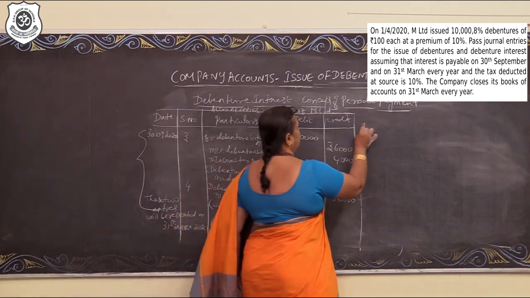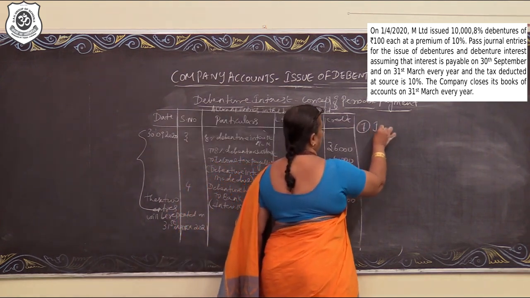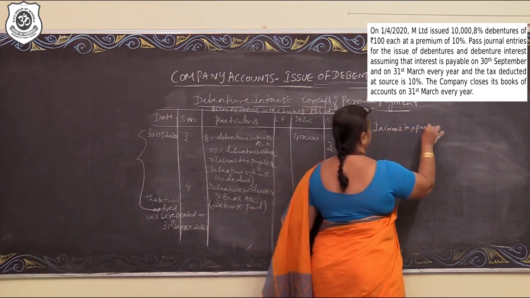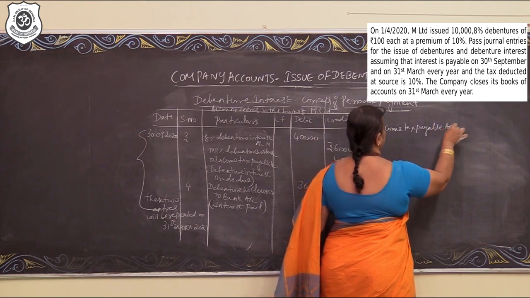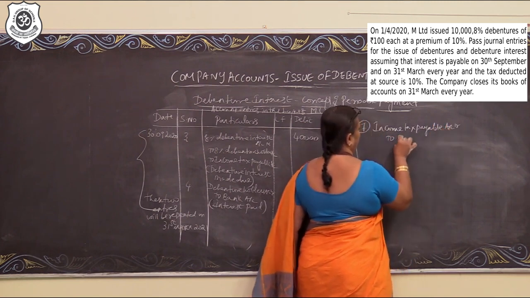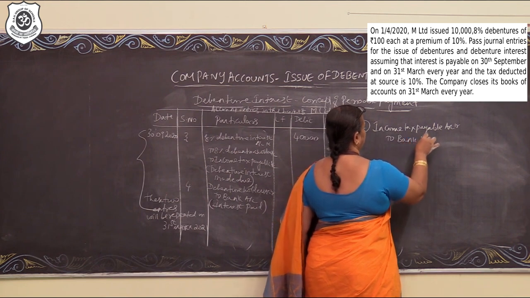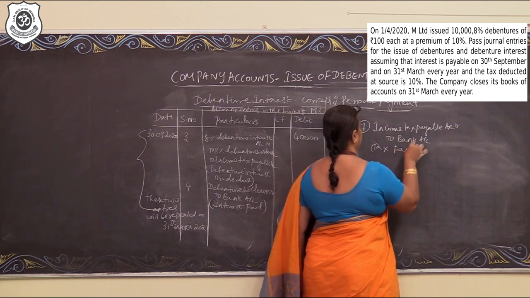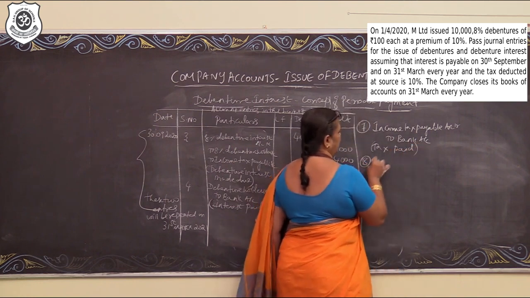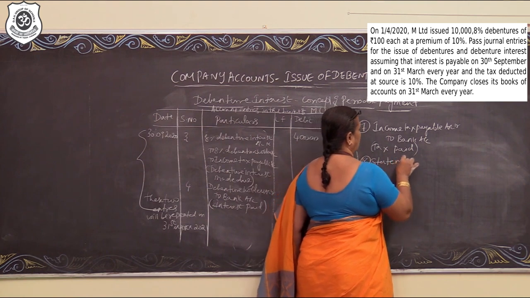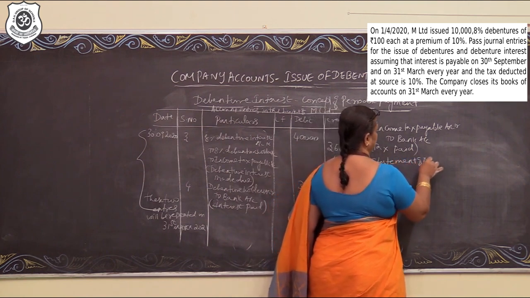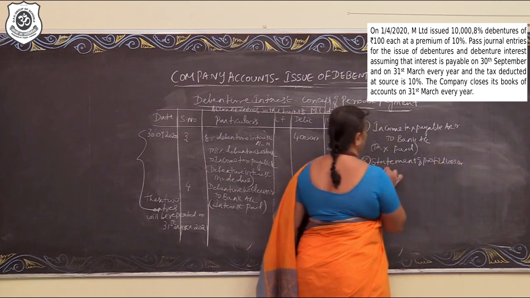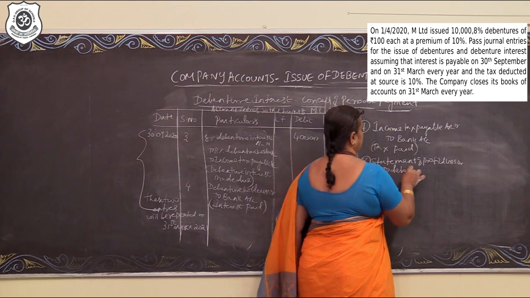So entry number 7 for income tax payable account debit to bank account, tax paid, and the 8th entry will be statement of profit and loss debit to debenture interest account.